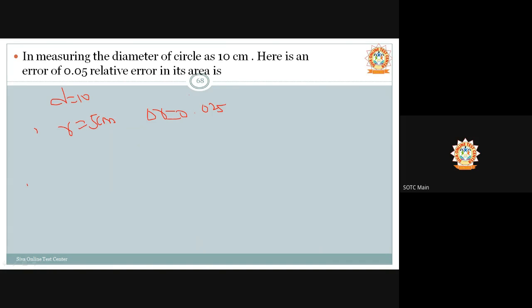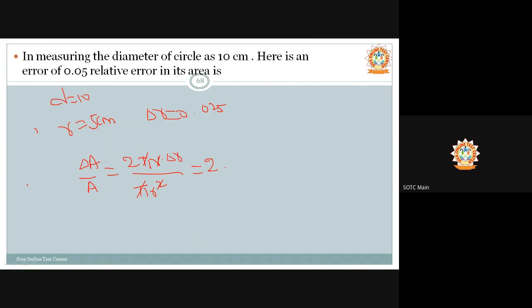So you need to find the relative error, that is del a by a. Try to calculate del a, that is 2 pi into r into del r, divided by a, which is nothing but pi r square, right? So here pi will get cancelled, one r will get cancelled.